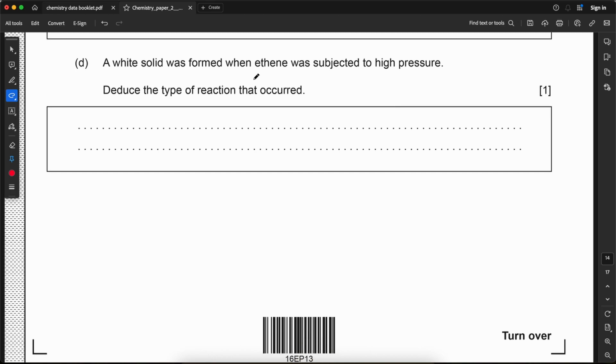Deduce the type of reaction that occurs. It is polymerization, because polymerization is a reaction where high pressure can force ethene molecules to join together to form a long chain, which creates the polymer.